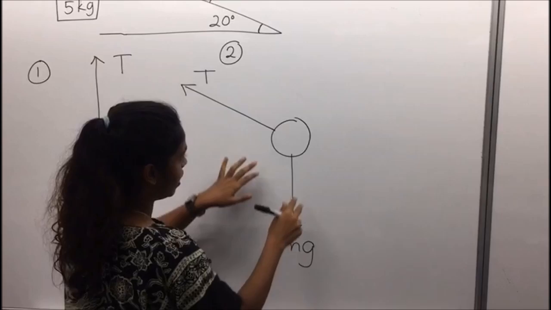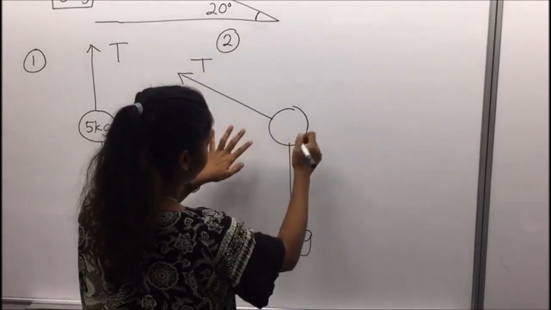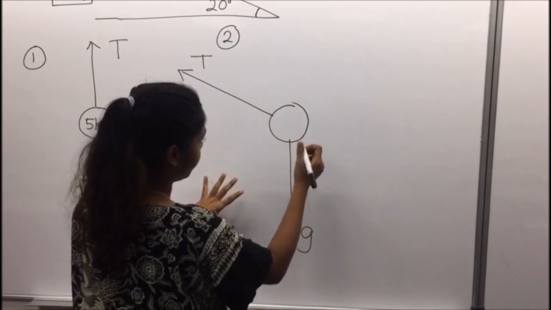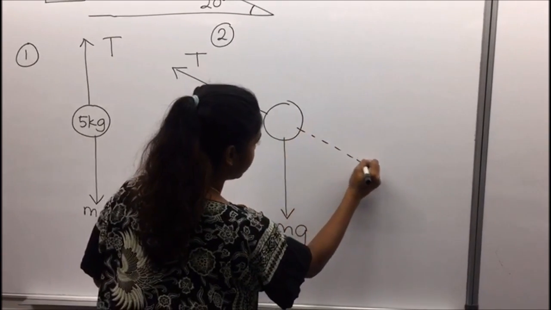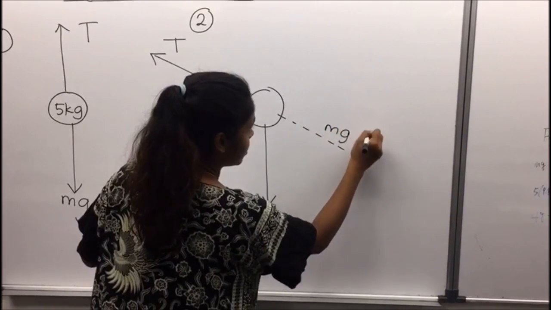For the gravity, we have to figure out the x component and y component. For the x component, it's mg sine theta.